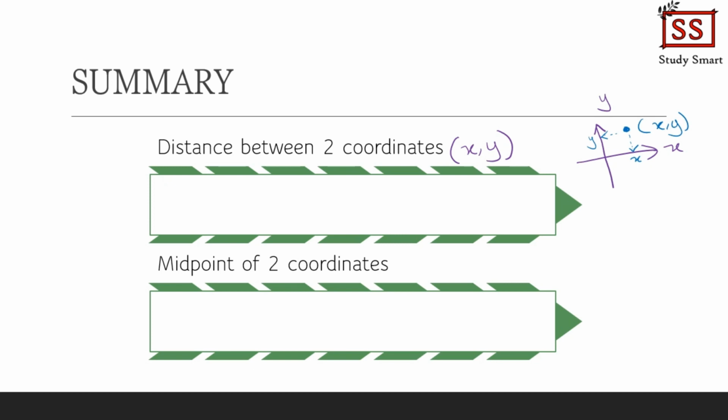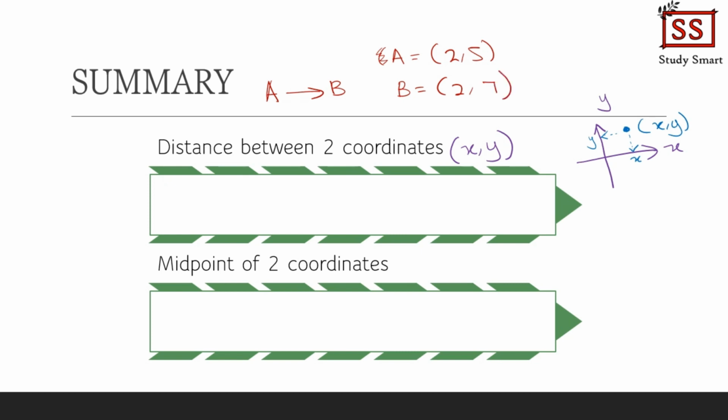Once you know how to find the coordinate, now let's see how to find the distance between two coordinates. This is quite easy, and you need to remember that there are two types of formula. One is if you are given two points. The question is asking you to find the distance from point A to point B, and the coordinate of point A is, maybe, (2, 5), and the coordinate of point B is (2, 7).